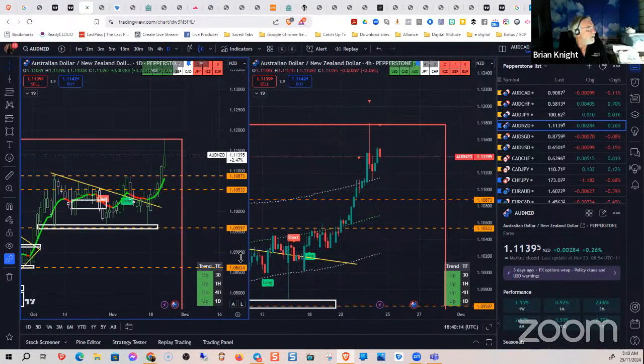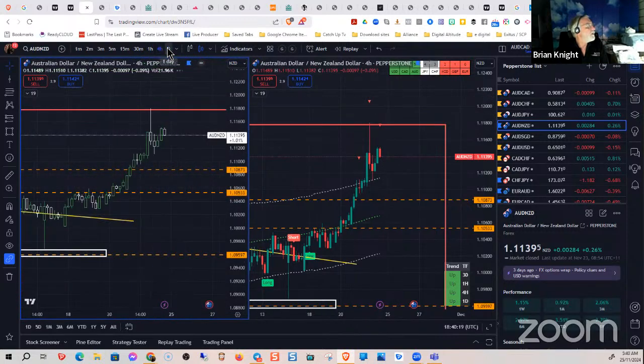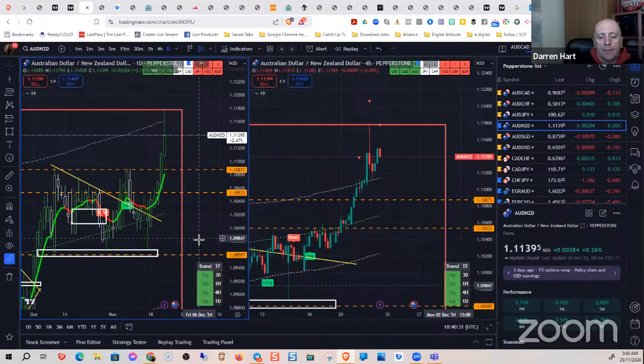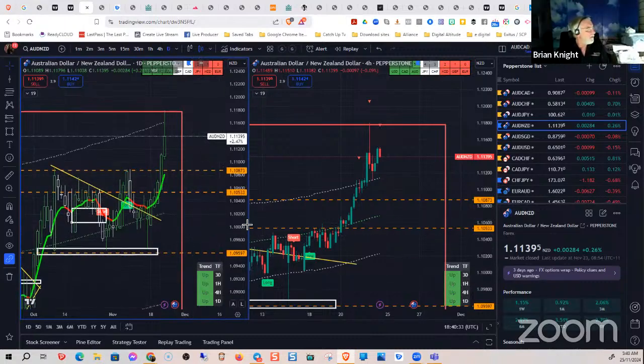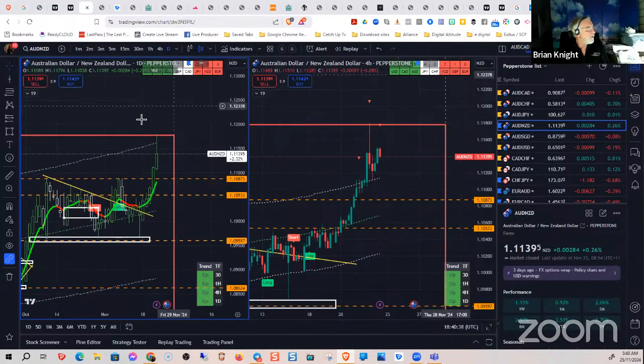Where is it? Why don't we have a rail there? It must be well outside the rail, isn't it, on the daily? It's wicked outside the rail. Oh, okay, yeah. Hasn't given me a triangle yet.